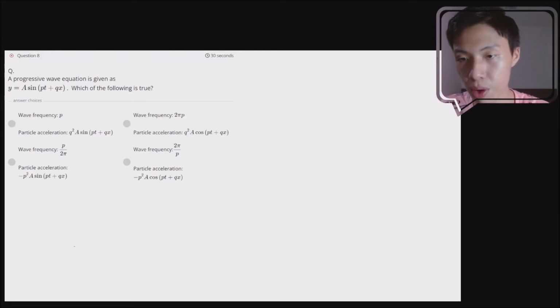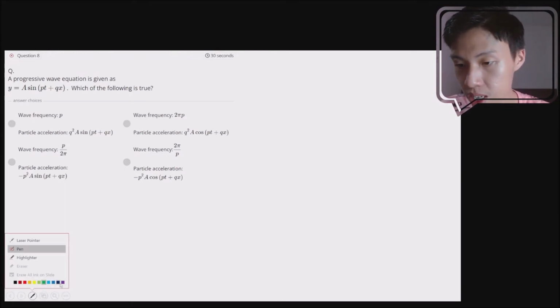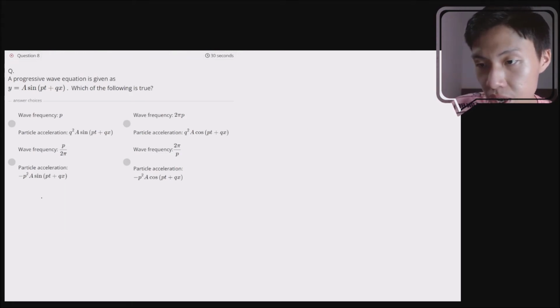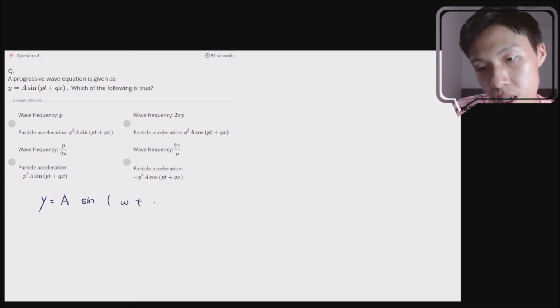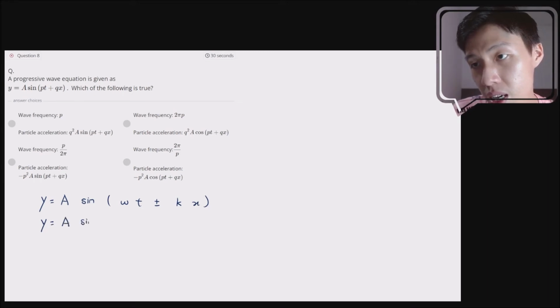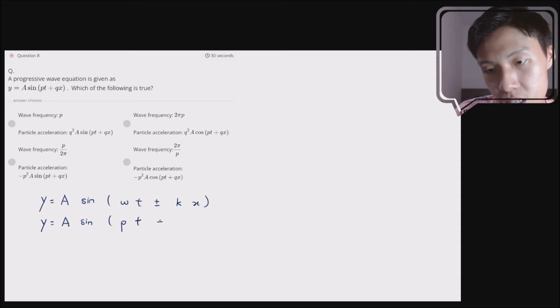So let's start from what we did just now. Our first step should be to write out our general equation. Our general equation is A sine(omega t plus or minus kx). Now you compare with the equation given in the situation, which is A sine(pt plus qx).